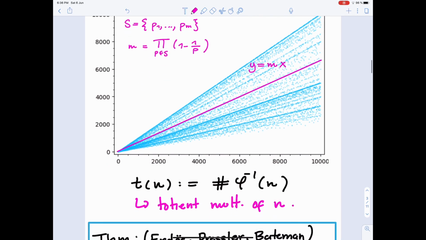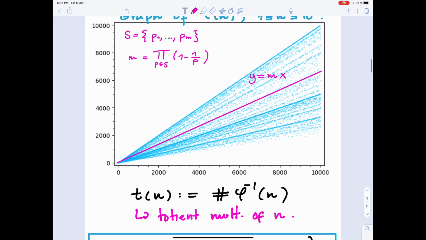On a more serious note, define T of n to be the totient multiplicity of the integer n. That is the size of the fiber of n via phi.